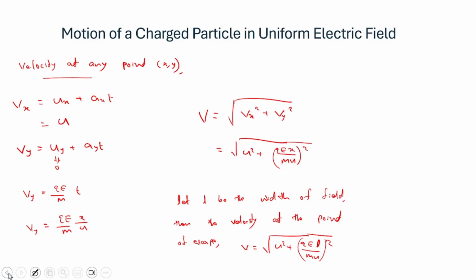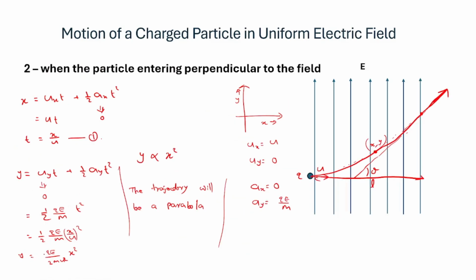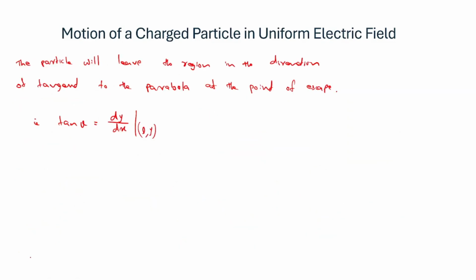So we have already found the y, which is qE upon 2mu square x square. So d by dx of qE upon 2mu square x square, but this is a constant, and qE upon 2mu square d by dx of x square, which is 2x, and that will be equal to qE x upon mu square.